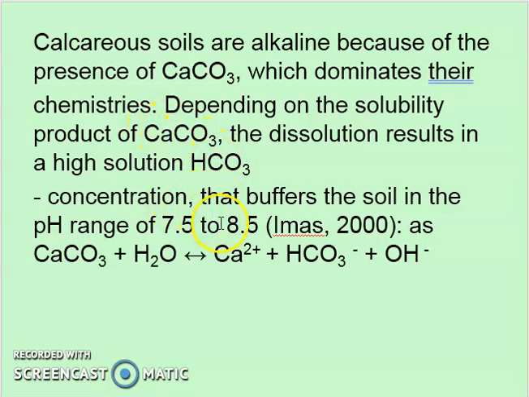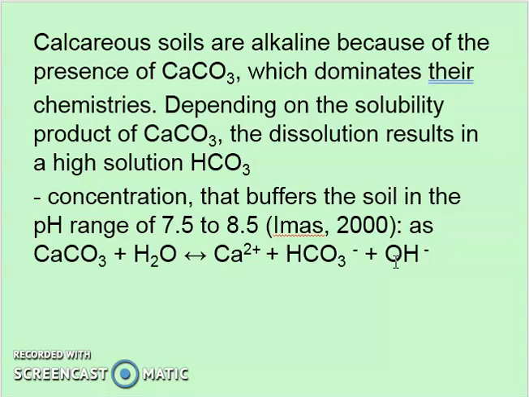Why does it have a high pH? Because the calcium carbonate with water produces calcium bicarbonate, hydrogen carbonate, and OH. As you know, OH leads to a high soil pH. Consequently, this type of soil has a high pH.